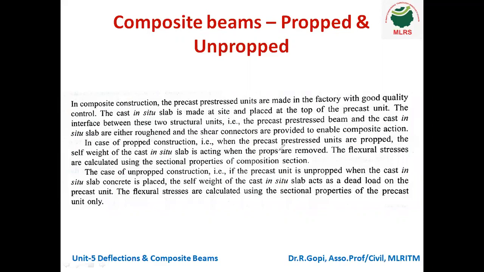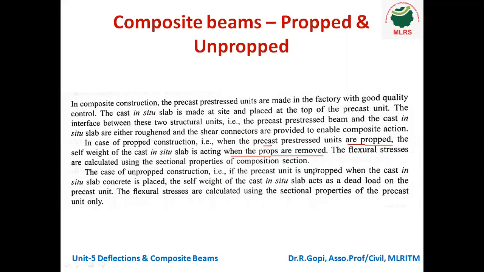That is, when the precast pre-stressed units are propped, assume that below that I section pre-stressed beam we are providing sufficient props. Under this condition, we are casting the cast in situ slab. So now the self weight, where does it go? The self weight of the cast in situ slab acts when props are removed.